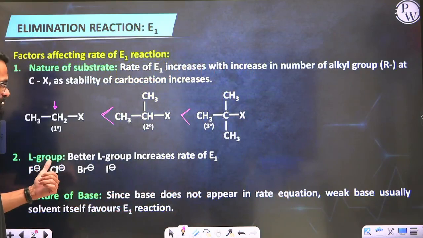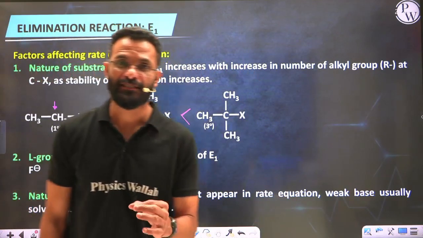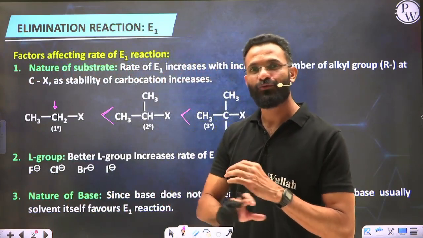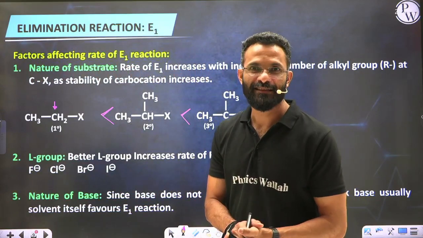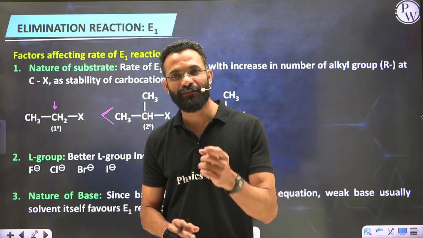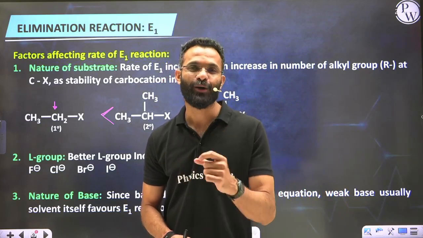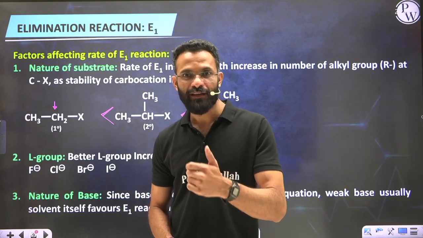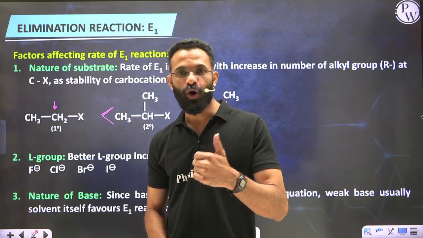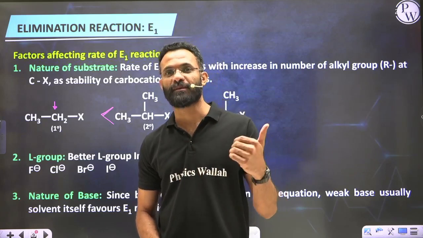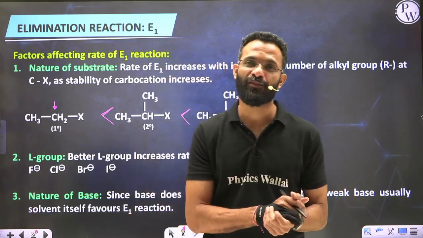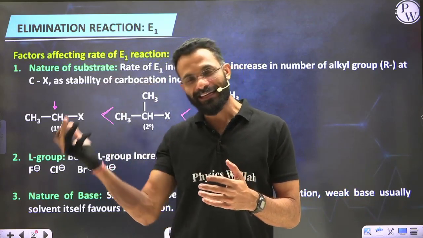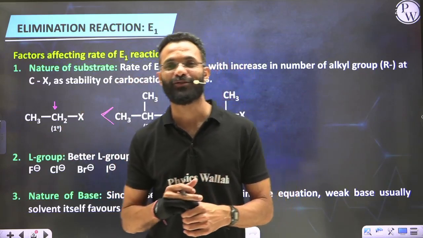Second, leaving group. Guys, I have told you this when we studied the nucleophilic substitution reactions, whichever mechanism you consider, the leaving group has to be a good leaving group, because whether it is SN2, SN1, E1 or E2, in all the cases we want the leaving group to leave from the substrate to either result in the formation of carbocation or simultaneous departure of the leaving group with either attack of a nucleophile or with the abstraction of a proton.